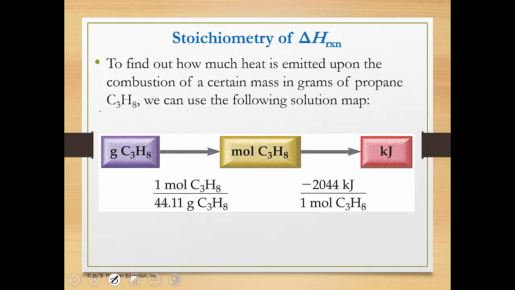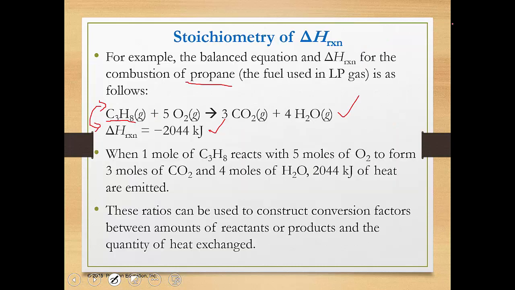So for example, if I want to find out how much heat I can get from the combustion of a mass of propane in grams, what I want to do is start with grams of propane, and I want to end up with kilojoules of energy. Again, I can't go directly from grams to kilojoules. Moles, that's my universal translator. Notice in every reaction we've done here, it's mole in the middle, okay?